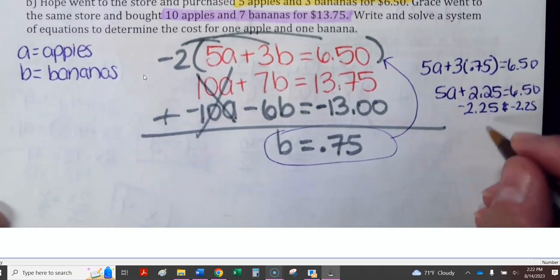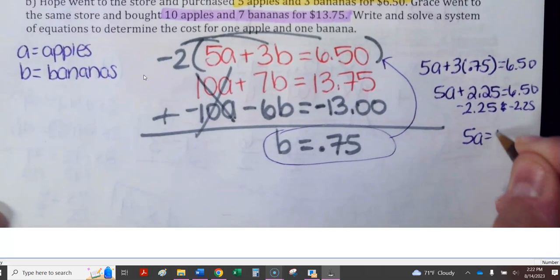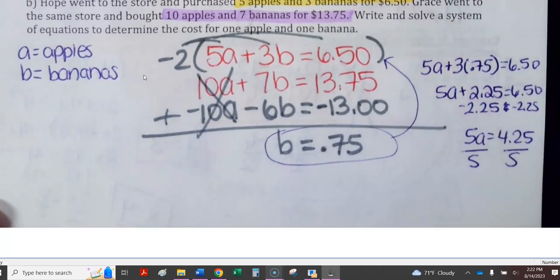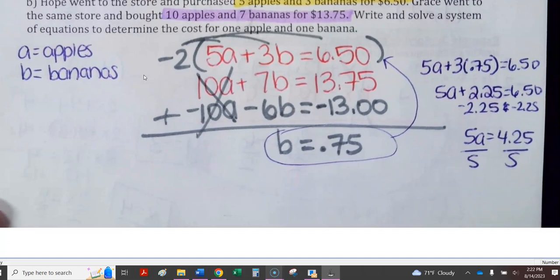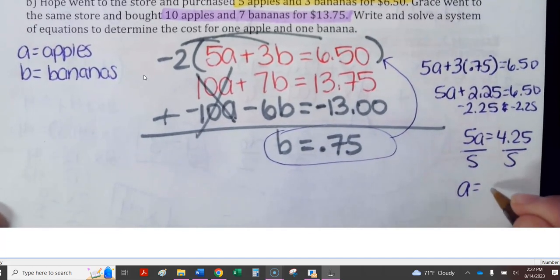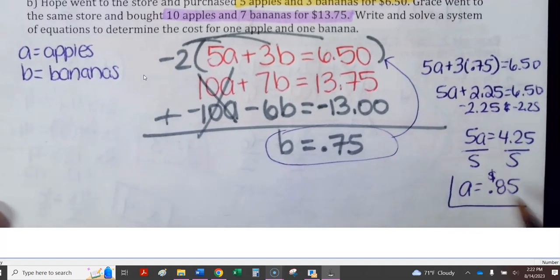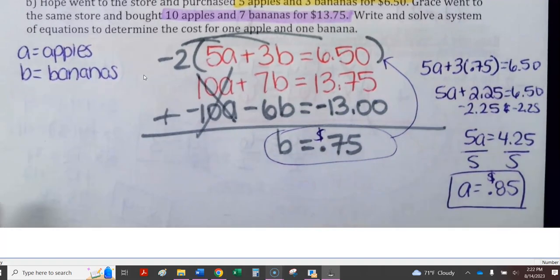Okay, I got 5A is equal to 4.25, and then we're just going to divide by 5. This is money, so this is the cost for an apple. And so it's totally okay if it's a decimal here. This is going to be 0.85. So that means apples are each 85 cents and bananas are each 75 cents.